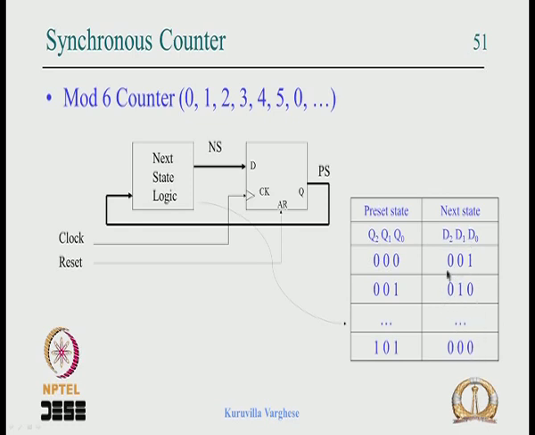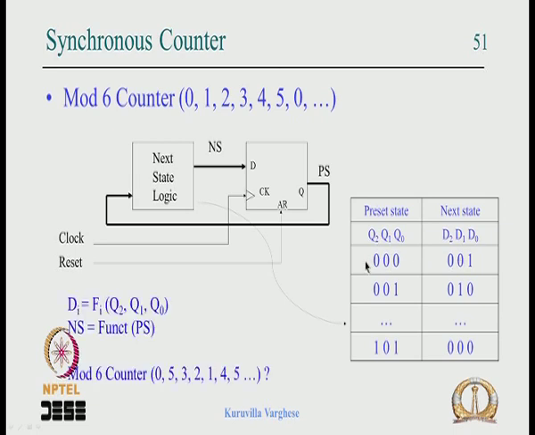In the normal course of time you would have picked all the ones in this D2 column and gone to the Karnaugh map, minimized it, and come out with a sum of product equation in terms of Q2, Q1, Q0. So ultimately you will get 3 Boolean equations in terms of D2, D1 and D0.